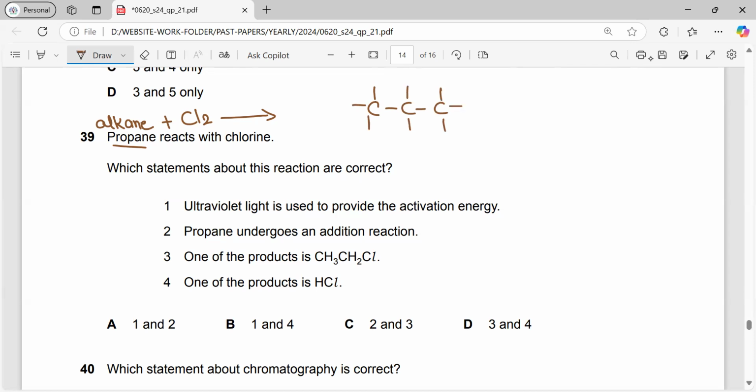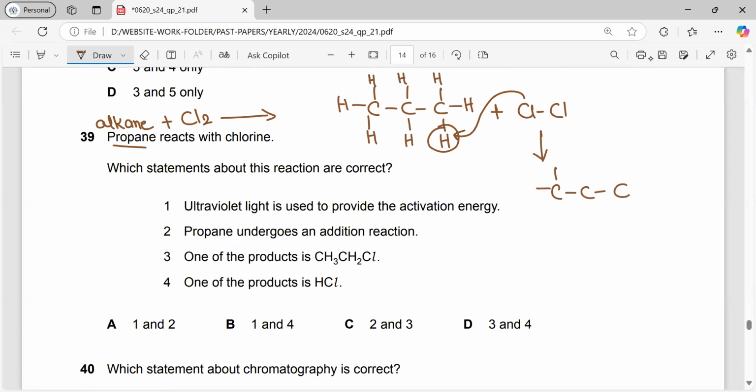Propane is a 3-carbon alkane with 8 hydrogen atoms, and when it reacts with a chlorine molecule, the chlorine displaces one of the hydrogens and takes its place.